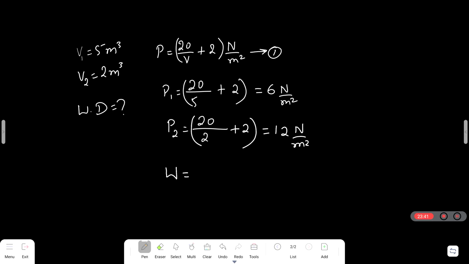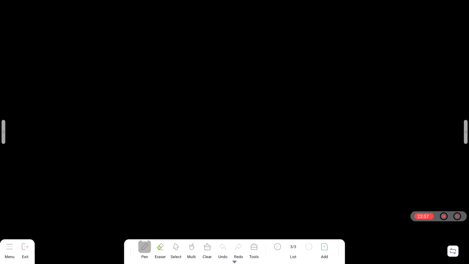Class, look at the board. When you come across a situation where you are not able to decide which process, in such cases go to the fundamental definition. What is the fundamental definition of work we have taken? Work done is equal to integral PdV between the limits 1 to 2. In this, both pressure and volume are varying.